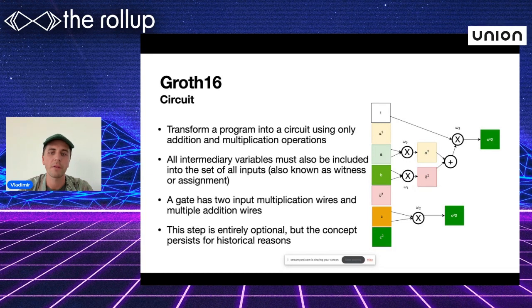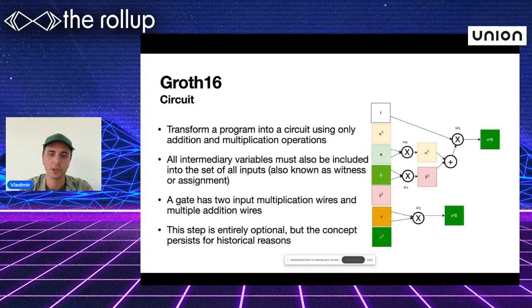And you have all the operations grouped into so-called gates, where you have multiplication gates and addition gates, and all the outputs are the result of a single multiplication between a left wire and a right wire, and arbitrary multiple additions. So I would say that this step is kind of optional, and it is more of a mental exercise than useful for development.